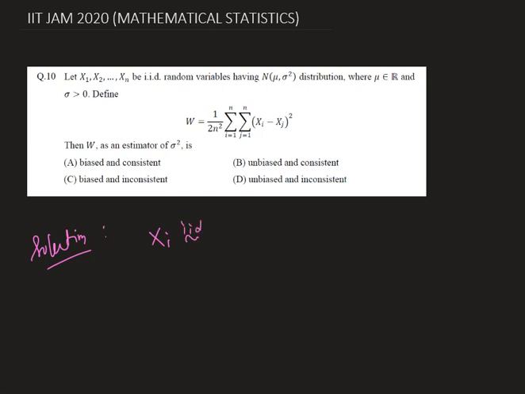Xi is IID normal mu comma sigma square, and mu is a real number and sigma is a positive one.